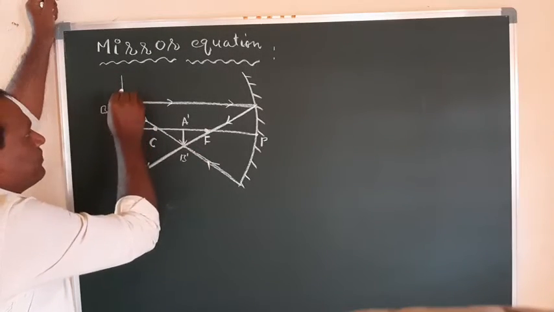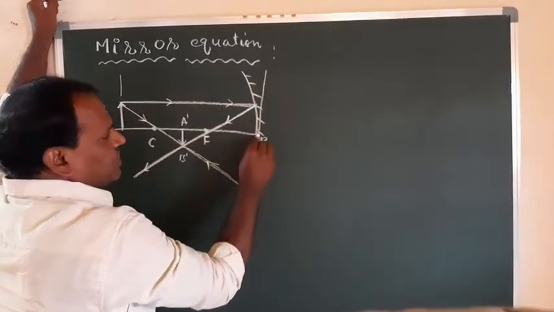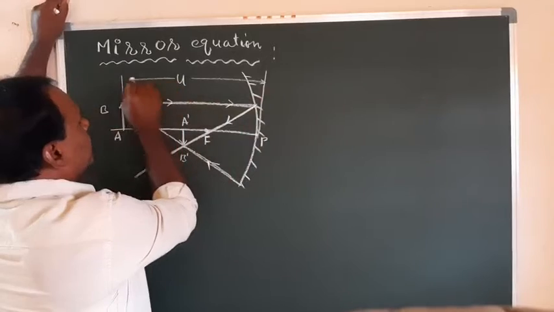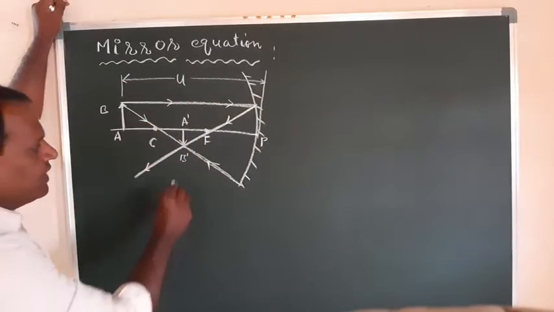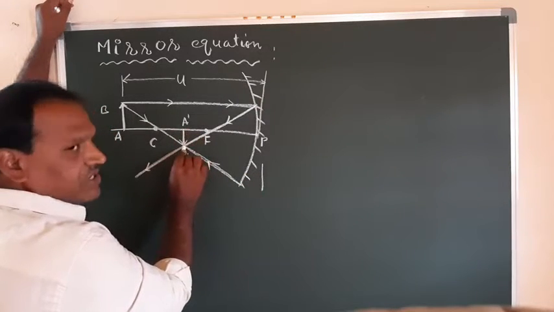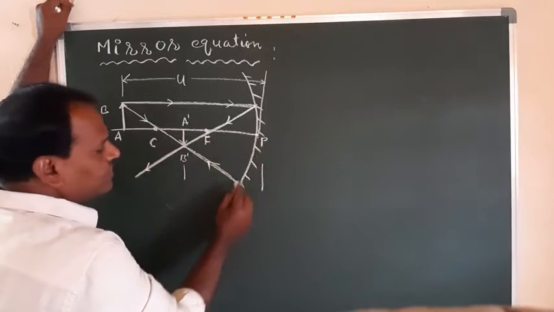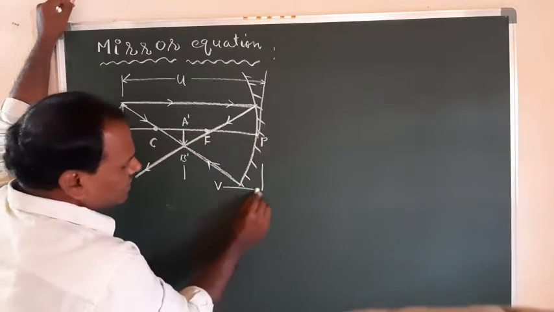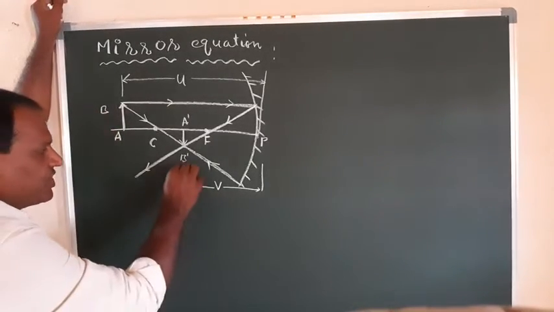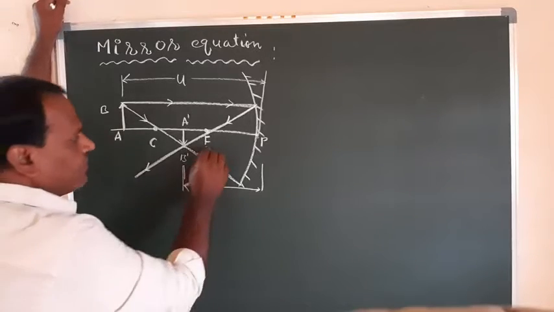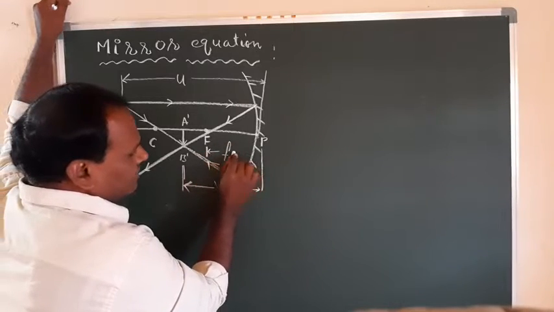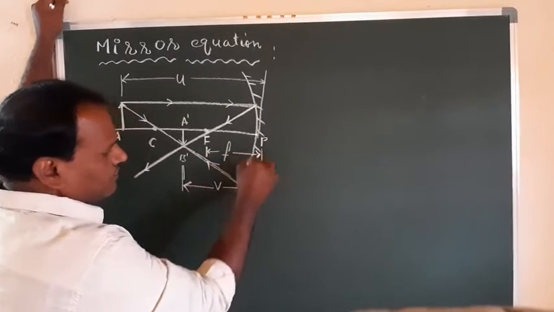From object to pole, this distance is represented by u, the object distance. A'B' is the image, and the distance from this image to the pole is the image distance, represented by v. From focus to pole, as already represented, is the focal length f.